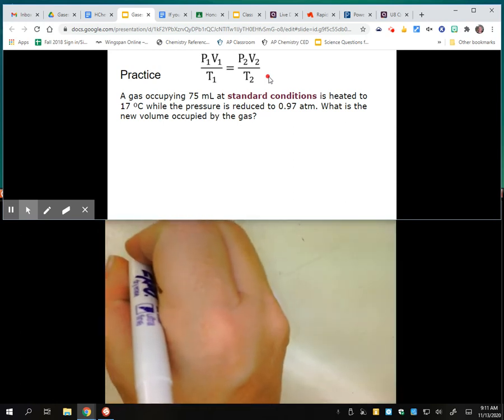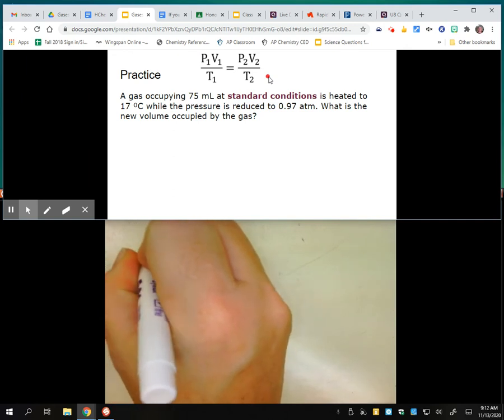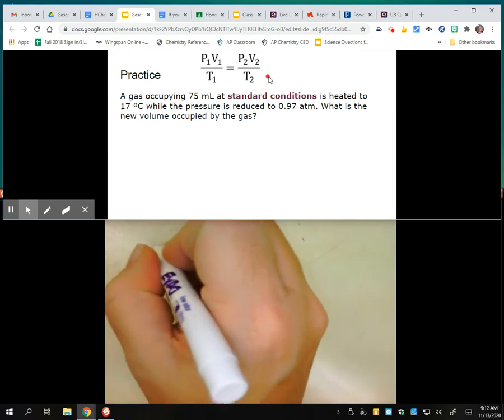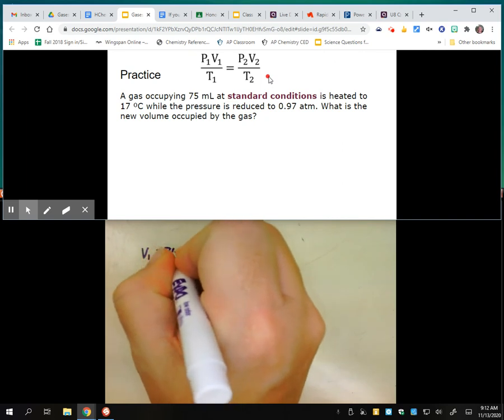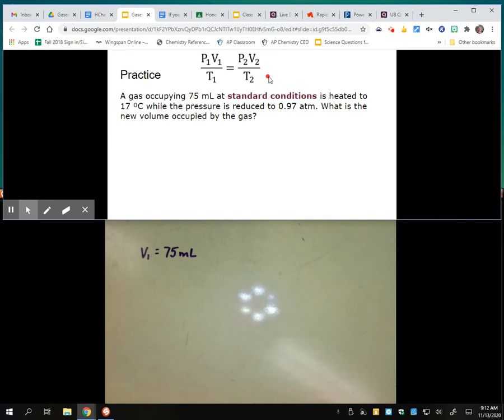That is my first situation, so I'm going to call that volume 1. Volume 1 is 75 milliliters. While the ideal gas law had to have volume in liters, with the combined gas law, since we have 2 volumes, 2 pressures, and 2 temperatures, the units just have to be the same between the variables, and temperature always has to be in Kelvin.